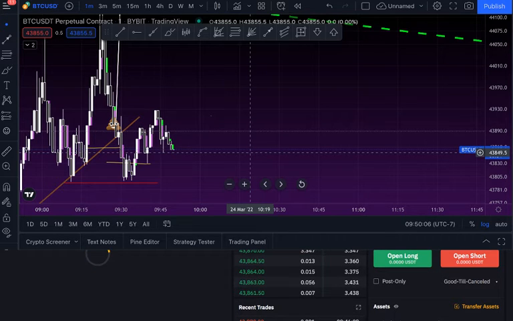There's a pretty good divergence on the CVD, which is pointing to the upside. Until I see that break, still gonna stay bullish here. We've drawn down 4%, $10.